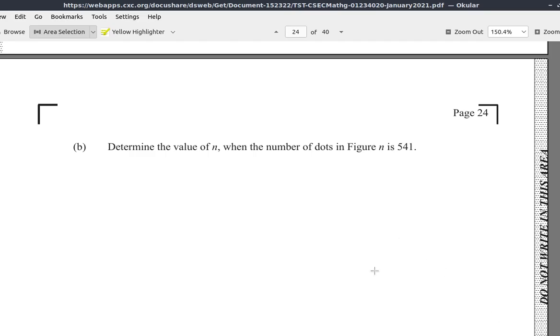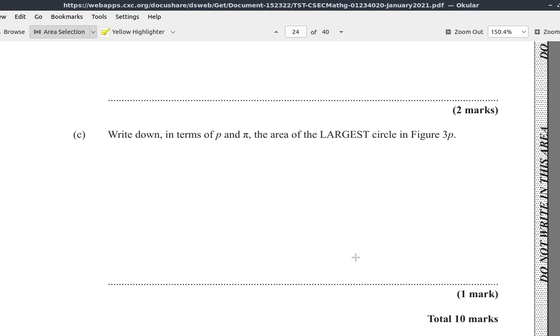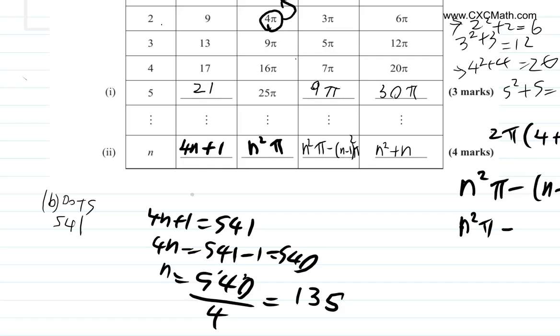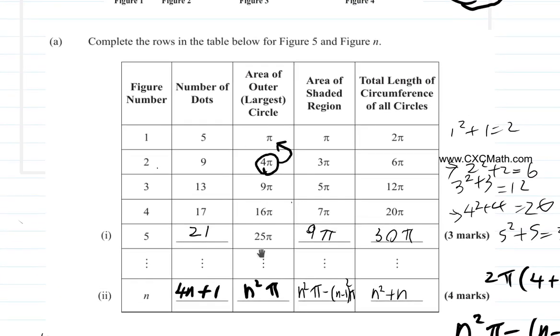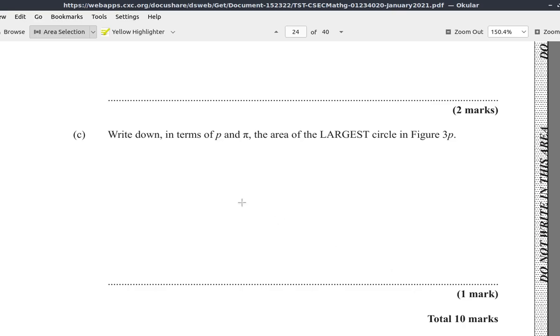So here now, what else is happening? Write down in terms of P and pi the area of the largest circle in figure 3P. Figure 3P. Interesting. The area of the largest circle. N squared pi we got. So for figure 3P, this would have been what part C?